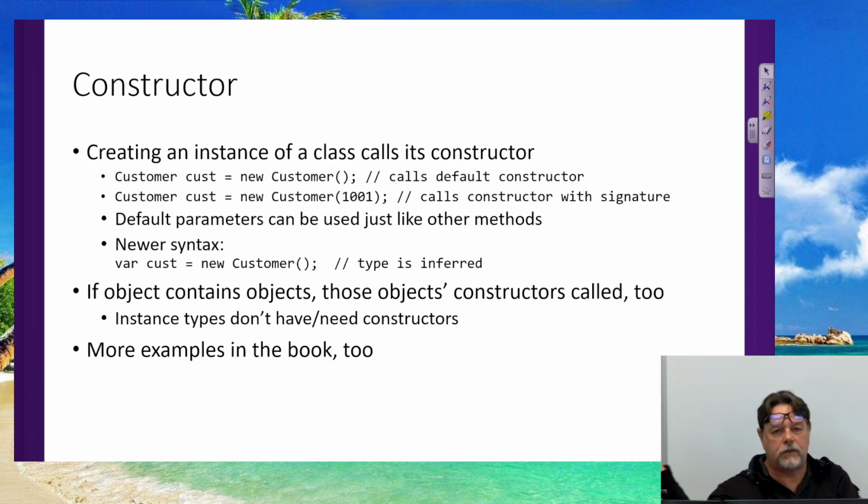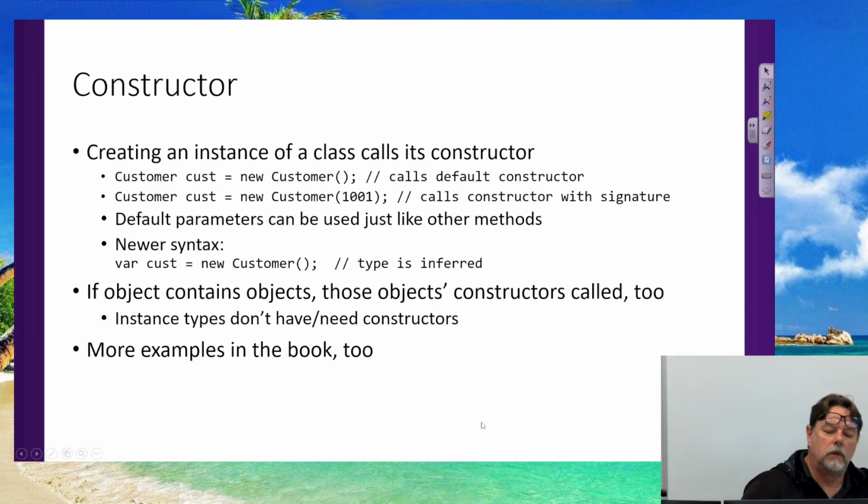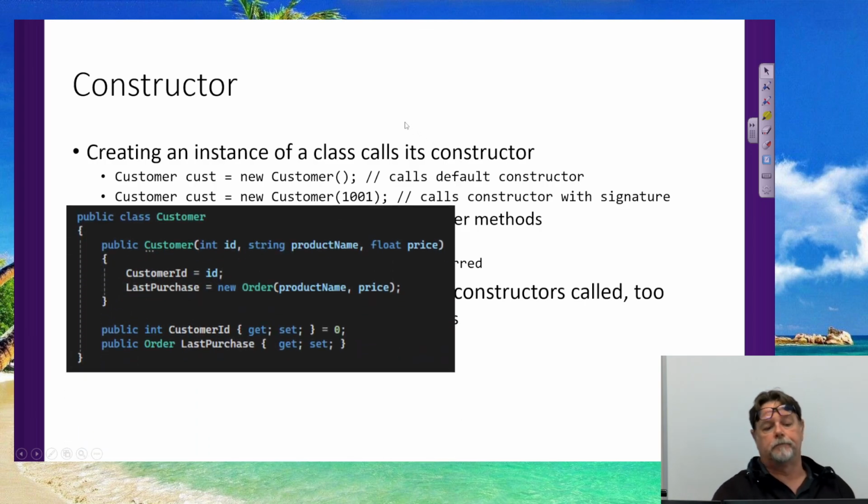It's not a reference type. And so you don't have a constructor for an int. Those data types don't have constructors. We call them intrinsic types or built-in types. They don't need constructors, they don't have constructors. They're just simple, they're not objects. And like I said, there's more examples in the book.